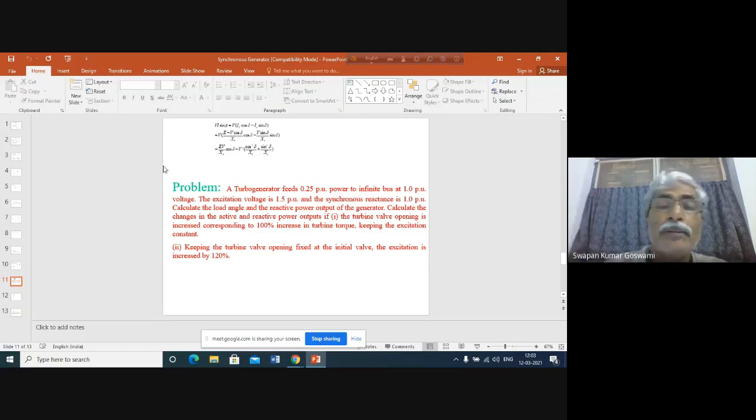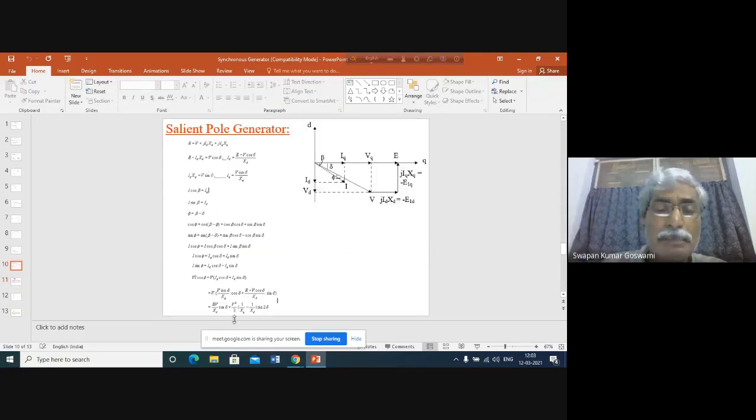As I have already mentioned, because we are mainly discussing this part, it is 15 to 20% of the total, and this part is almost 80%. But the salient pole machines, as we have discussed, have more inherent stability, because for smaller variation in delta, you will have larger variation in active power.